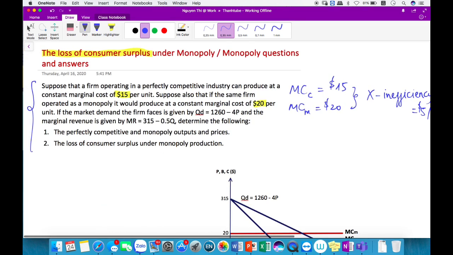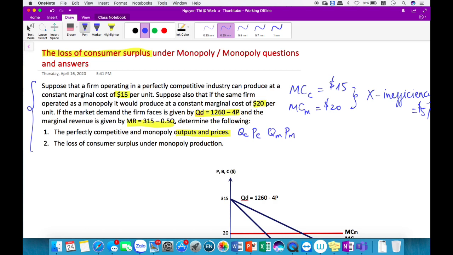Let's continue. If the market demand the firm faces is given by this function and the marginal revenue is given by this function, we need to determine the perfectly competitive and monopoly output and prices, right? So we call QC, PC output and price under competition, QM, PM output and price under monopoly.